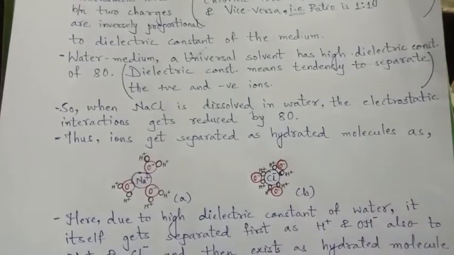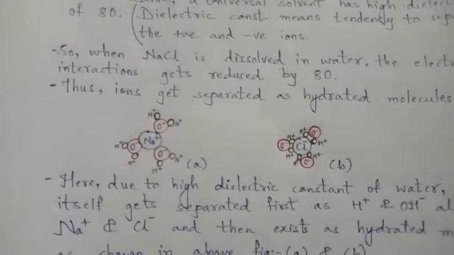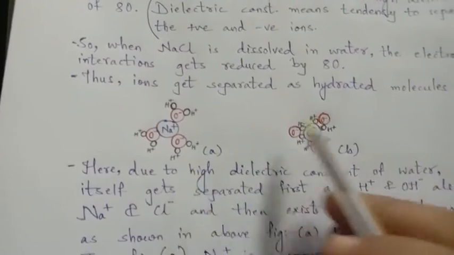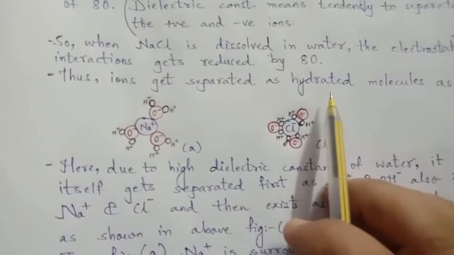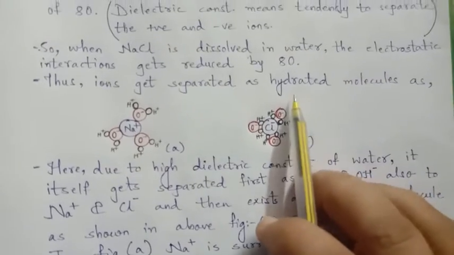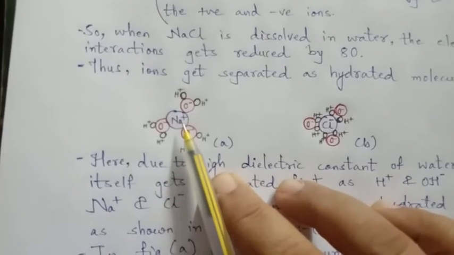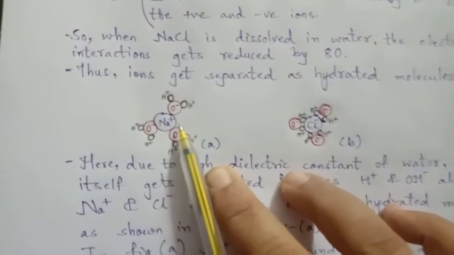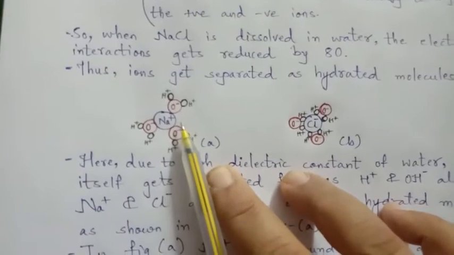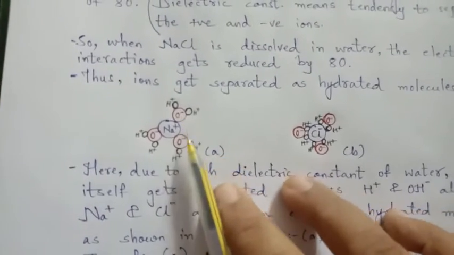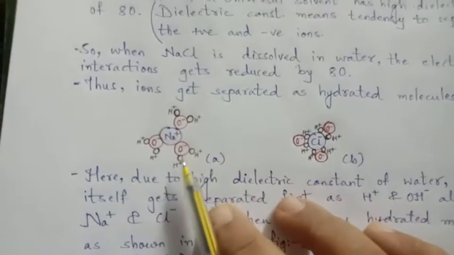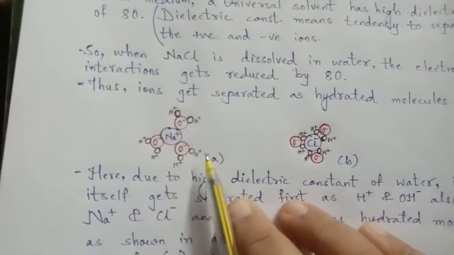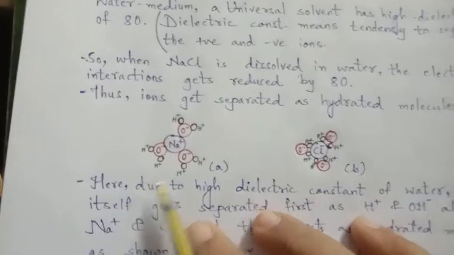Here water has a dielectric constant of 80, so electrostatic interactions are reduced by 80, and thus ions get separated as hydrated molecules. Na+ and Cl- first get separated, and then undergo the hydration process to give hydrated molecules. Both Na+ and Cl- are separated, and water is also H+ and OH-. So Na+ is gathered by O-, and O- is attached to H+ at the outer edge.